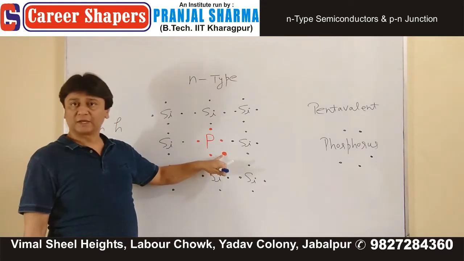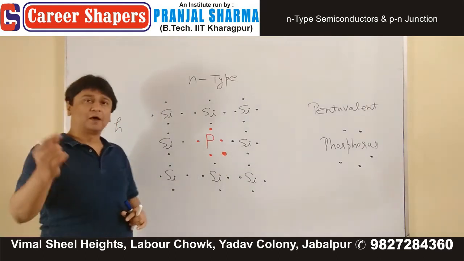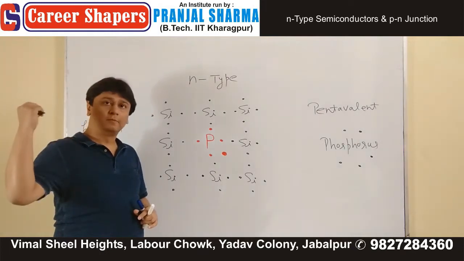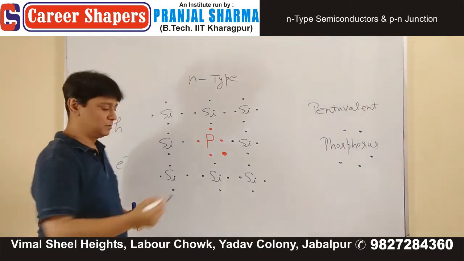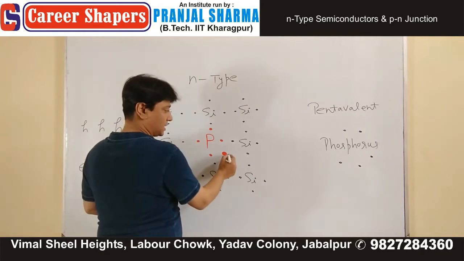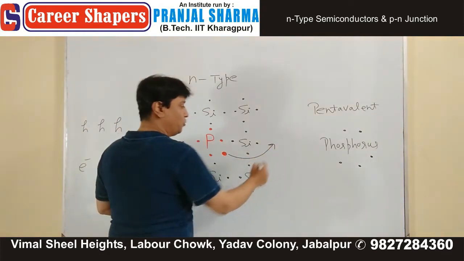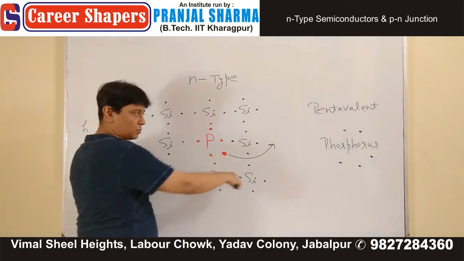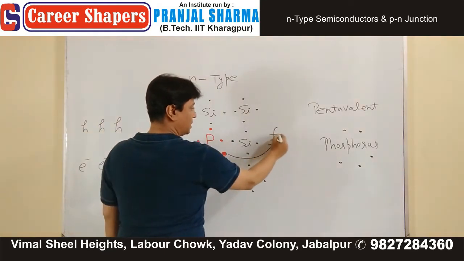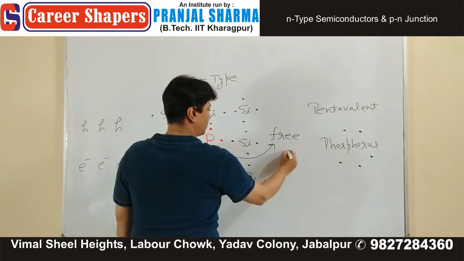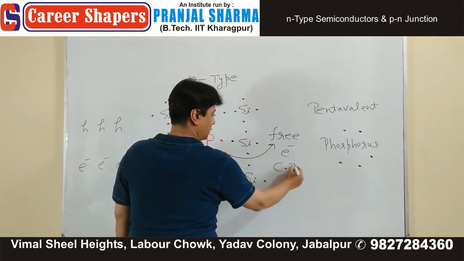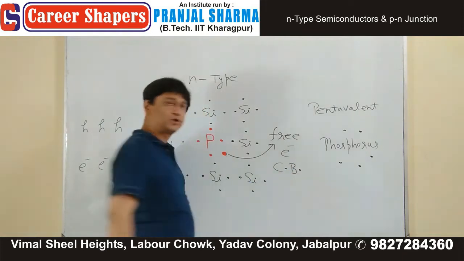This extra electron, after gaining energy from any incoming photon, moves into the conduction band. This electron goes out and becomes a free electron and is now present in the conduction band.